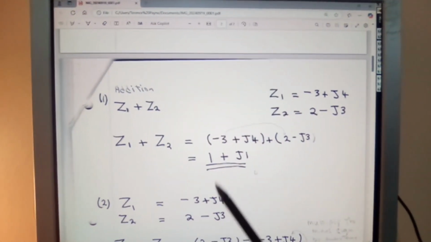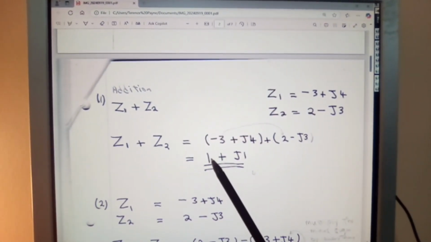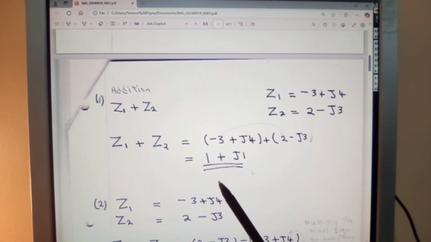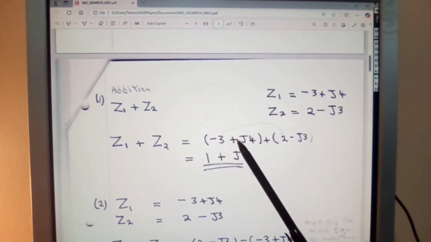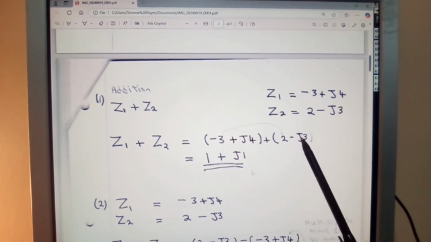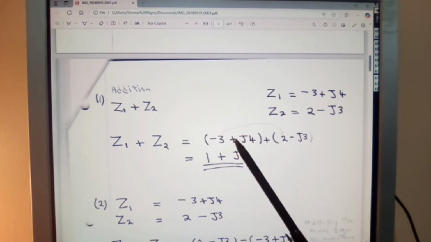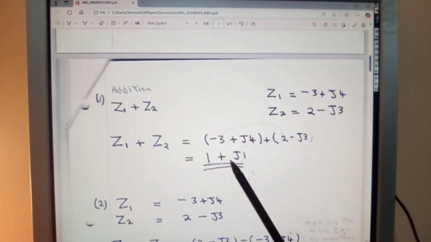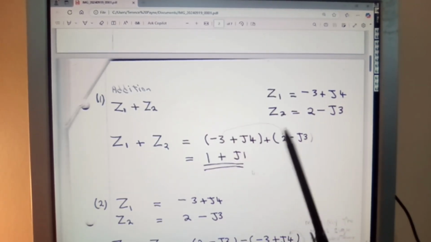It's possible that could be minus 1, and it's possible that I may ignore the minus. Plus j4 minus j3, plus and minus is a minus, so that should be minus 1.